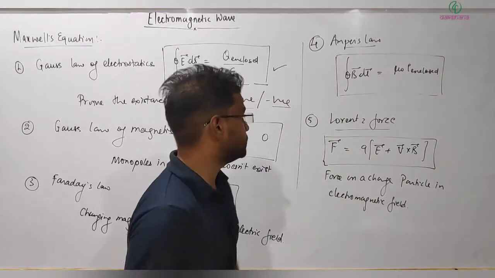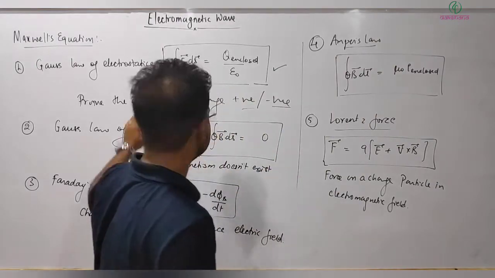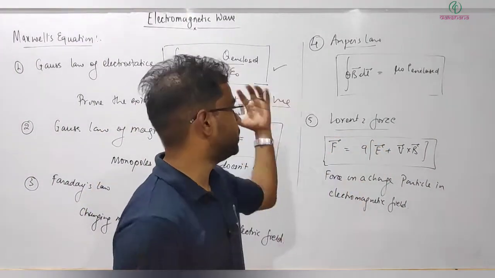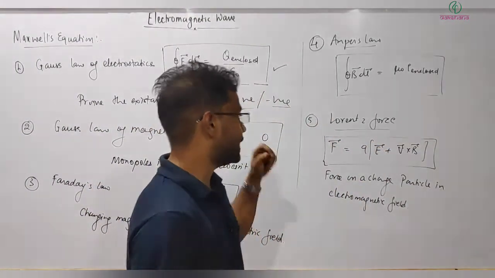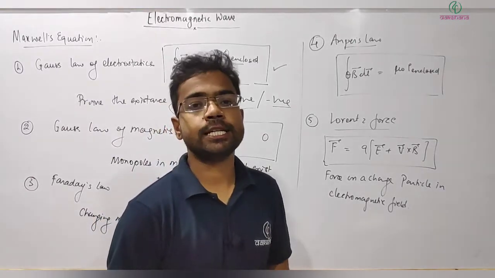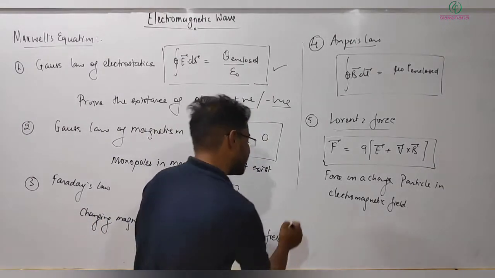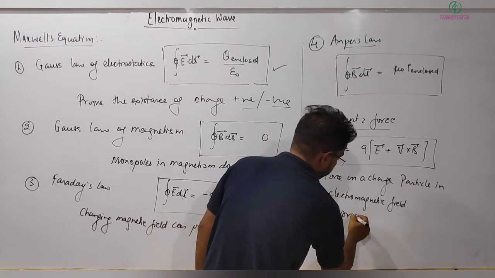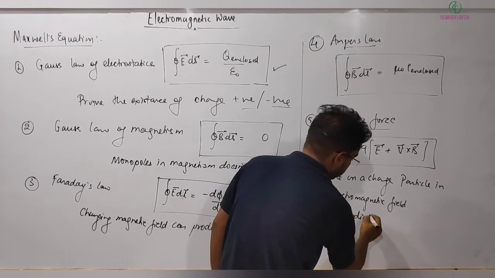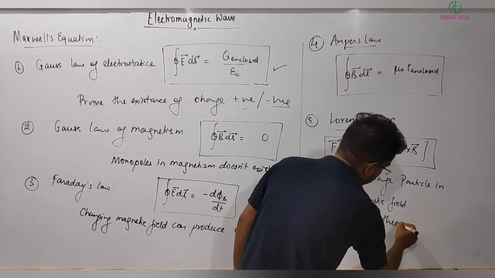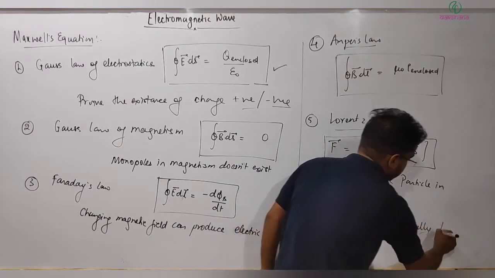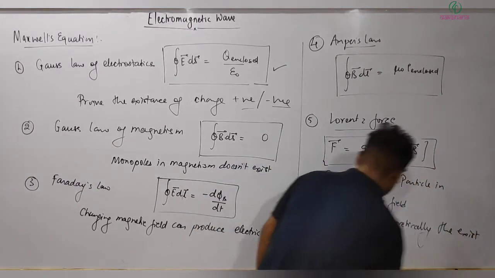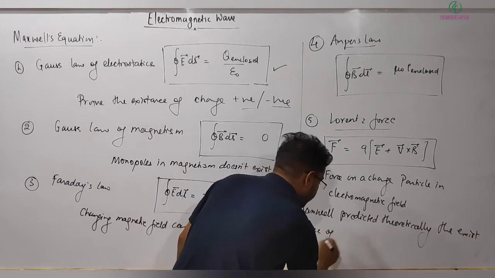Right. So Maxwell studied all these relations collectively, and based on that he predicted theoretically the existence of electromagnetic waves.